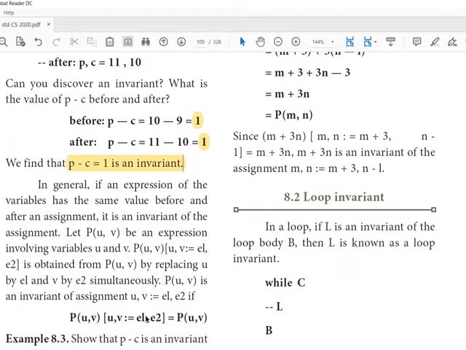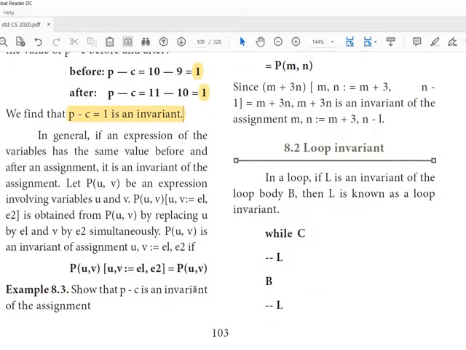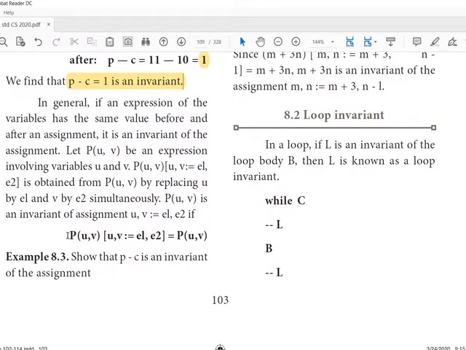This is an invariant assignment. So what is invariant? A statement or an expression which is going to be unchanged before and after is said to be invariant.